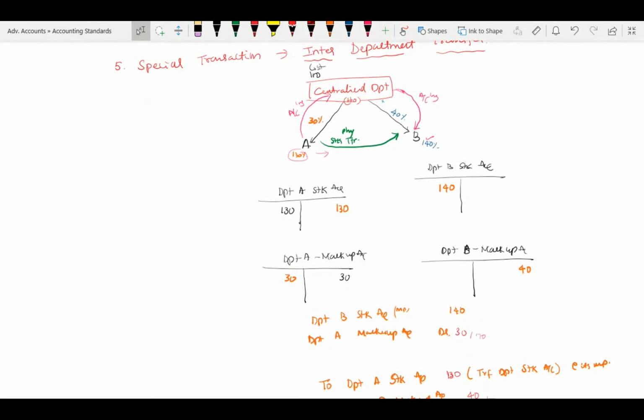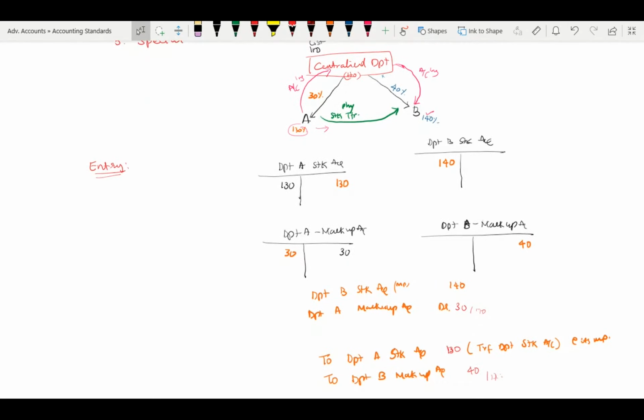Now let us go with the technical entry in case of departmental transfer. How will the entry come? First is the receiving department. For them it is an input of stock, an increase in stock.